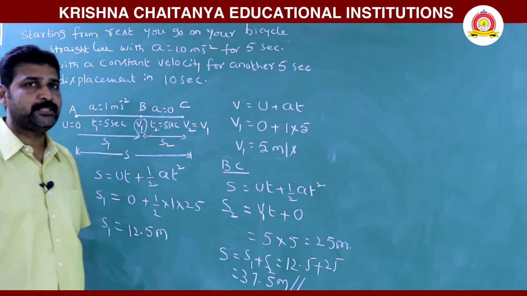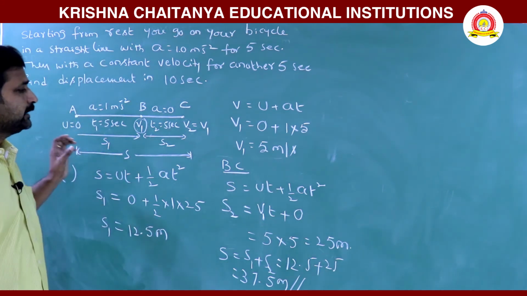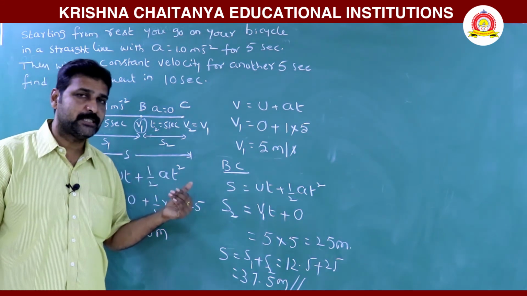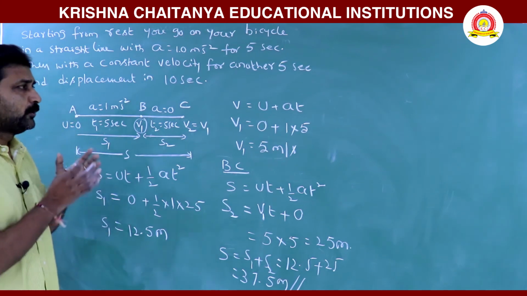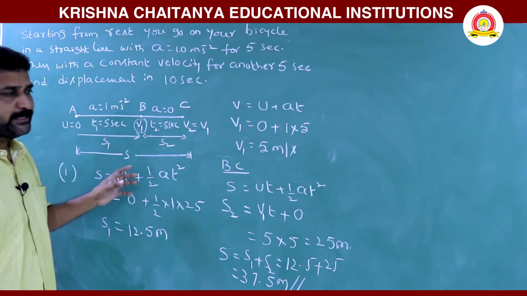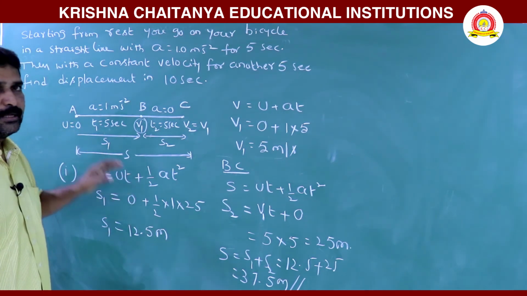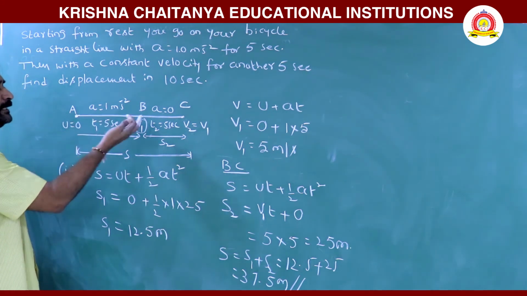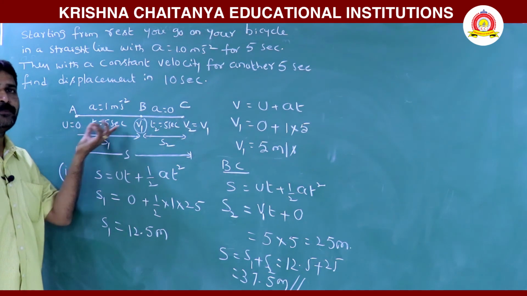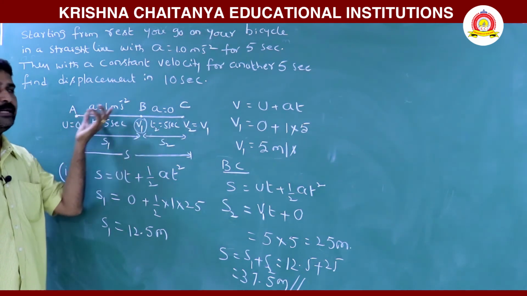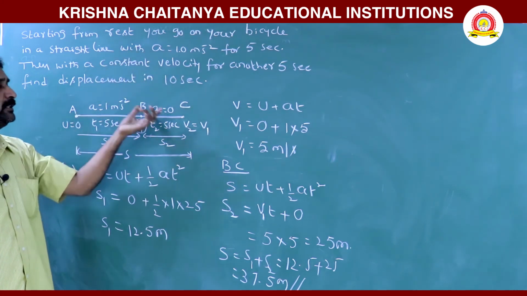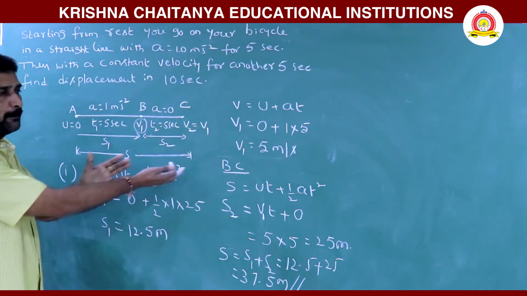And one more expression is S is equal to V1 plus V2 by 2, which is average velocity into time. So you have to decide which expression is suitable, based on the data. Here the journey is divided into 2 parts, for the first time interval and the second time interval. Based on the given data, accelerations, we solved in this pattern.